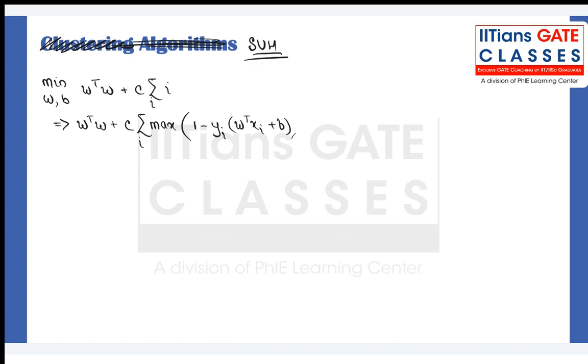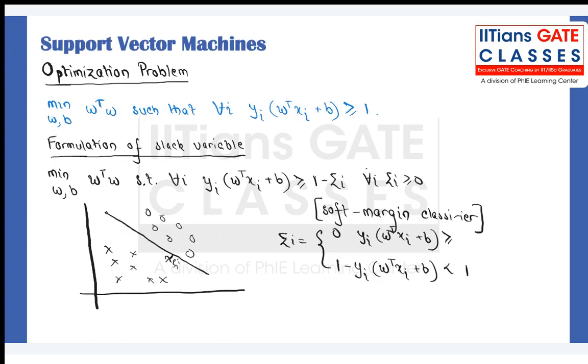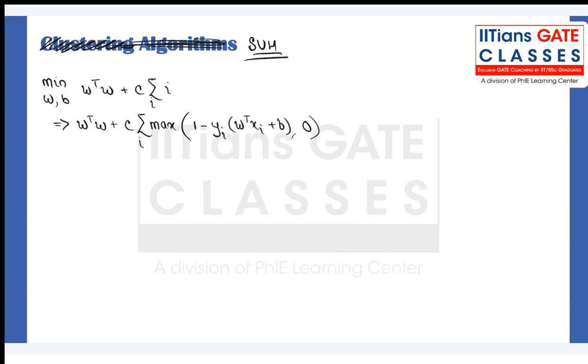So I just try to write these two equations as a max function, and this is my L2 regularization, if you remember the L2 norm, while this thing here is very popularly called the hinge loss.